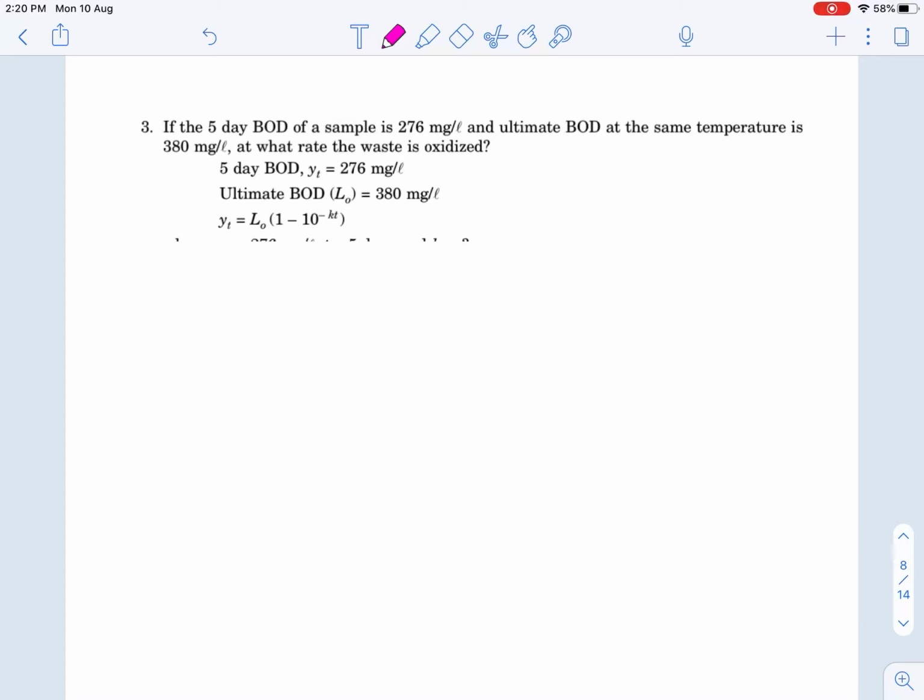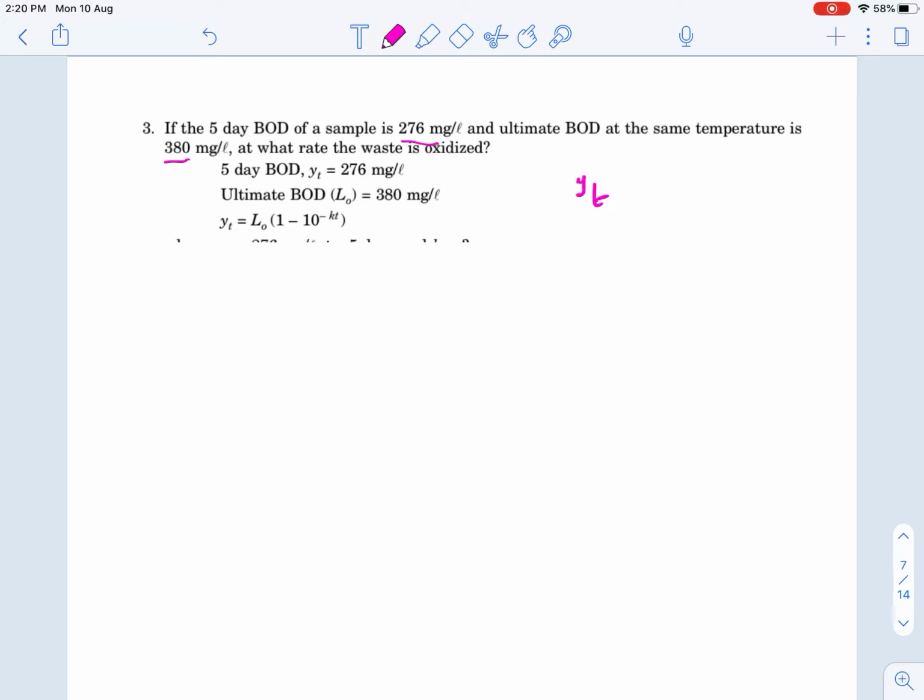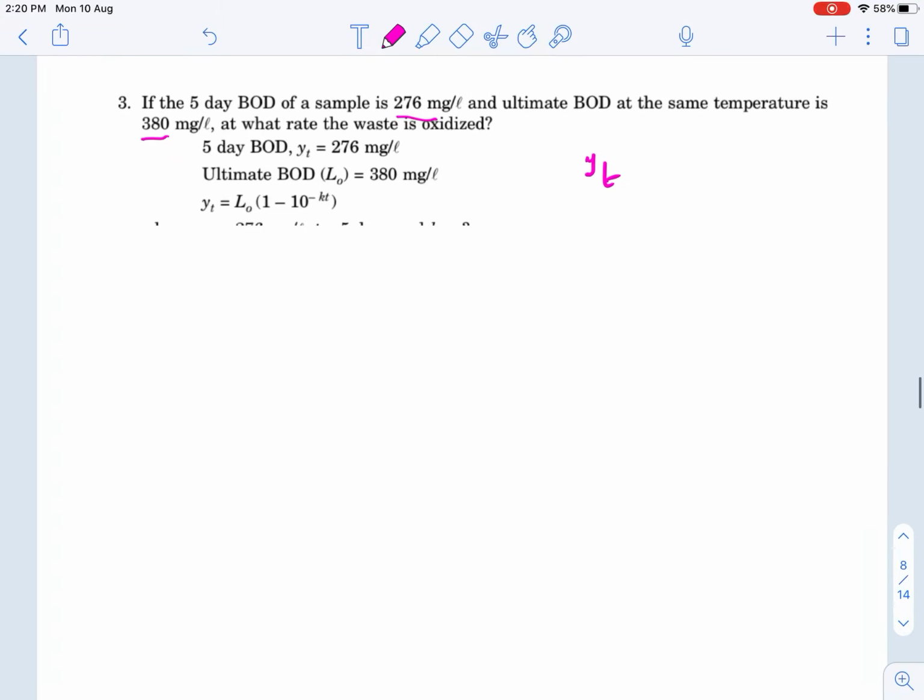Third problem. If the 5-day BOD of a sample is 276 milligrams per liter and the ultimate BOD at the same temperature is 380 milligrams per liter. So he has given 5-day BOD, that is BOD exerted, and also at the same temperature he has given L naught.